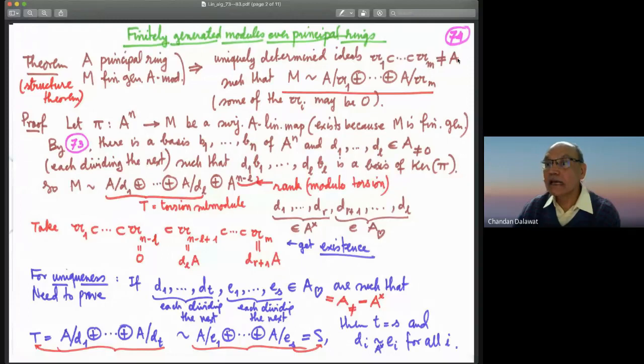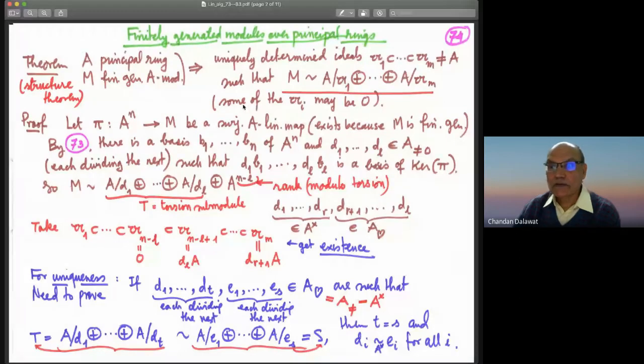And this Am has to be distinct from A. So the module M uniquely determines this sequence of ideals such that M is isomorphic to A modulo A1, direct sum, and so on, up to A modulo Am.